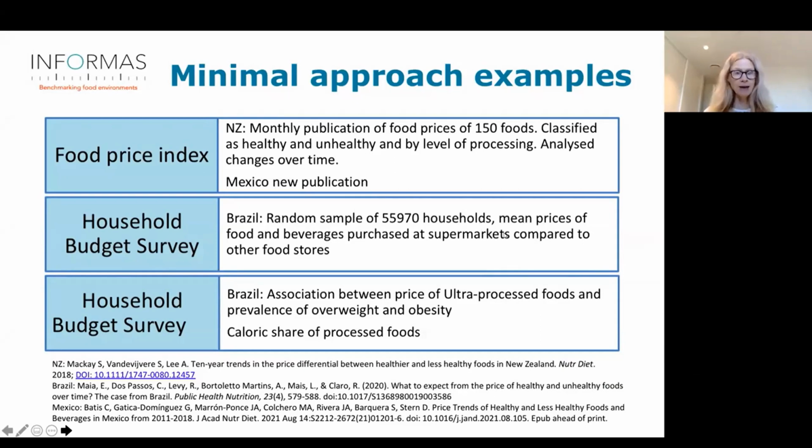And others have looked again in Brazil at the association between price of ultra-processed foods and prevalence of overweight and obesity. Other countries have also done this. So again, it really depends on the research question you're trying to answer as to how you do it.